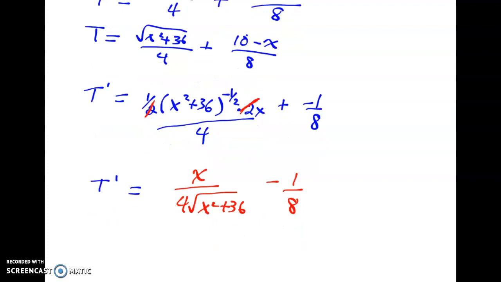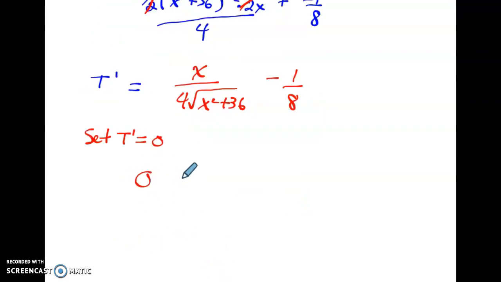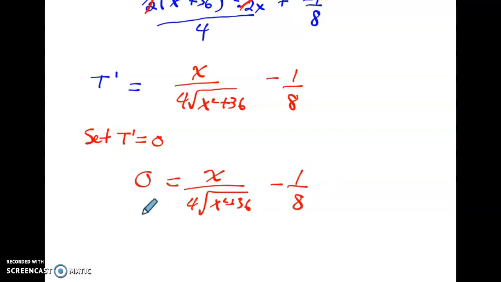And now, of course, since we're minimizing, we are going to set our t prime equal to 0 to find those horizontal tangents. I'm going to move that 1/8 over to the other side.